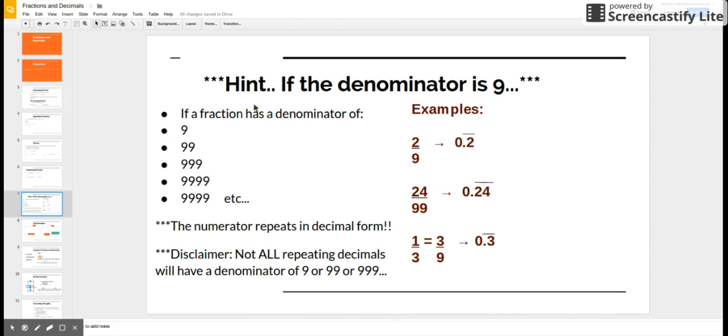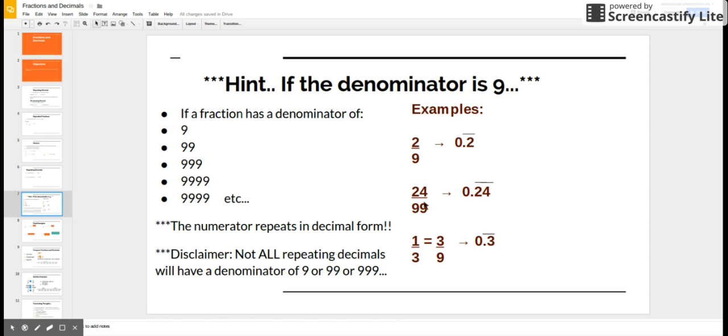Alright, so here's a little hint about repeating decimals. If the denominator is 9, 99, 999, 9,999, and etc., the numerator repeats in decimal form. For instance, if you had 2/9 as a decimal, it would be 0.2 repeating. Notice it's 2 that would end up repeating.